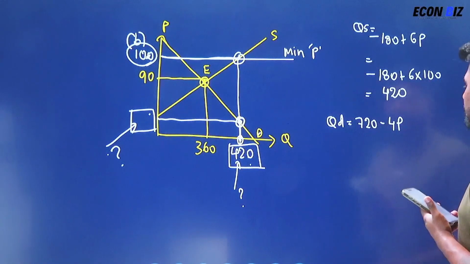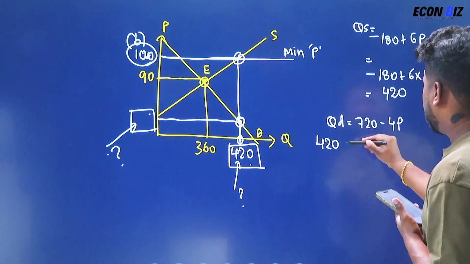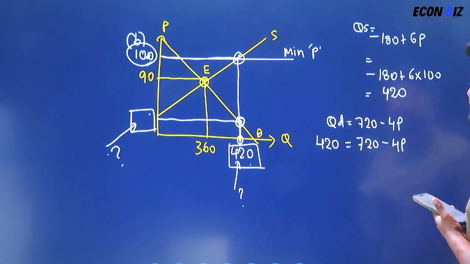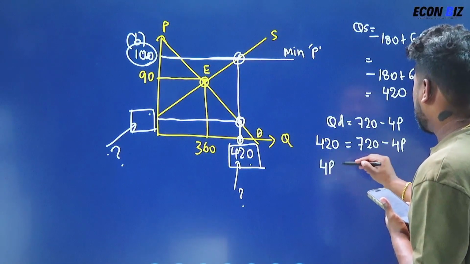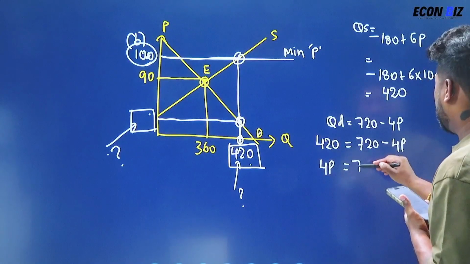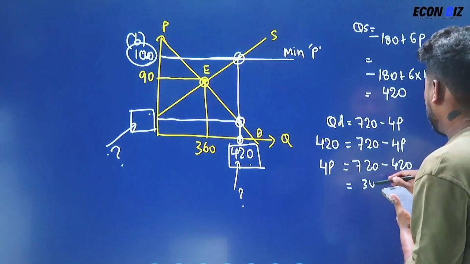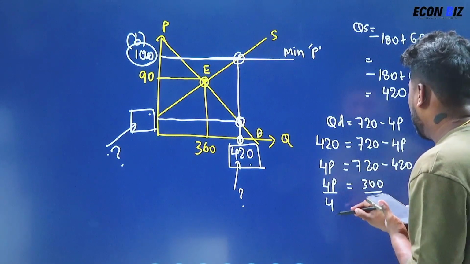Your quantity demanded is now 420. 720 minus 4p, you have to find out this p value. This minus 4p going to this side as plus 4p, 420 coming to this side as minus 420. 300 equals 4p. Both sides divided by 4.